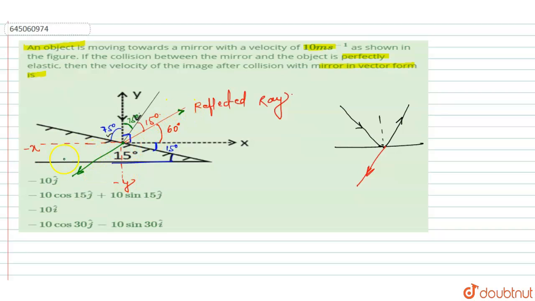Firstly find the direction of this reflected ray, and then just put a negative sign, because in this quadrant x is negative and y is negative. In this question it is given that the object is moving towards the mirror with a velocity of 10 meters per second, then v is equal to 10 meters per second, and the reflected ray also moves with a velocity of 10 meters per second.